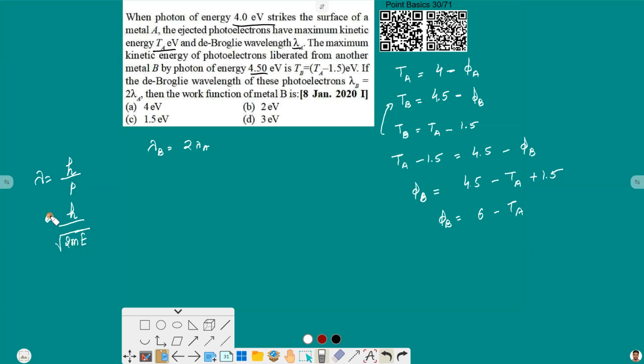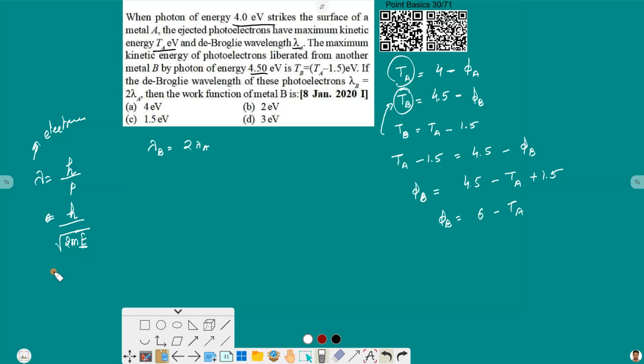De Broglie wavelength is mainly for particles, so here it is for the electrons, and this energy E is of the electrons. Ta and Tb are also the maximum energy of the ejected electrons.